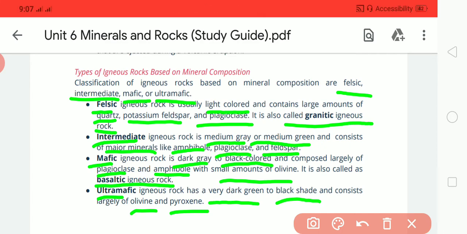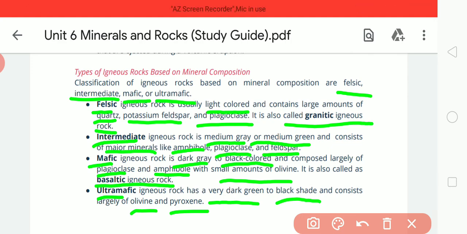Now to better remember these different types of igneous rock based on their mineral composition, it is better to identify the variation in the color of their minerals. For example, felsic has light colored minerals. Intermediate has medium gray or medium green.